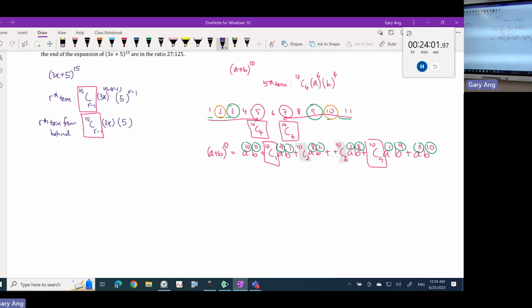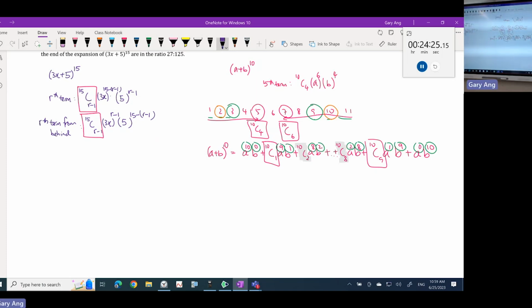What is that word called? Switch. Not the game, okay? Switch. The 3x will have this power. The 5 will have this power.